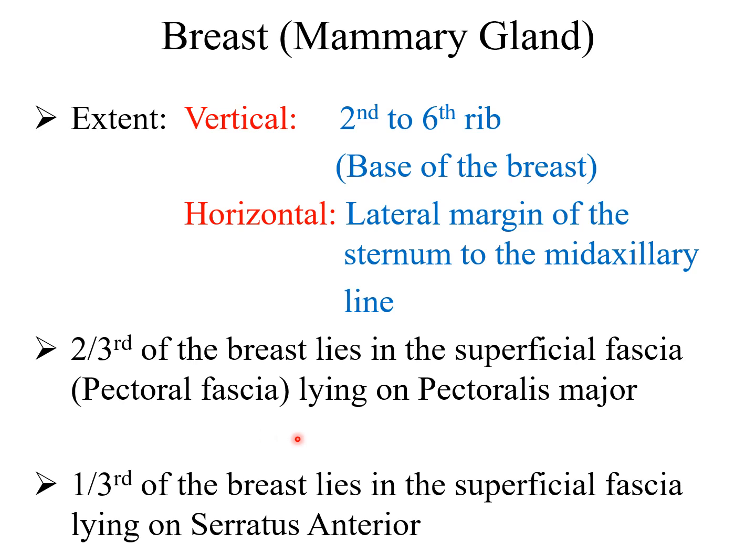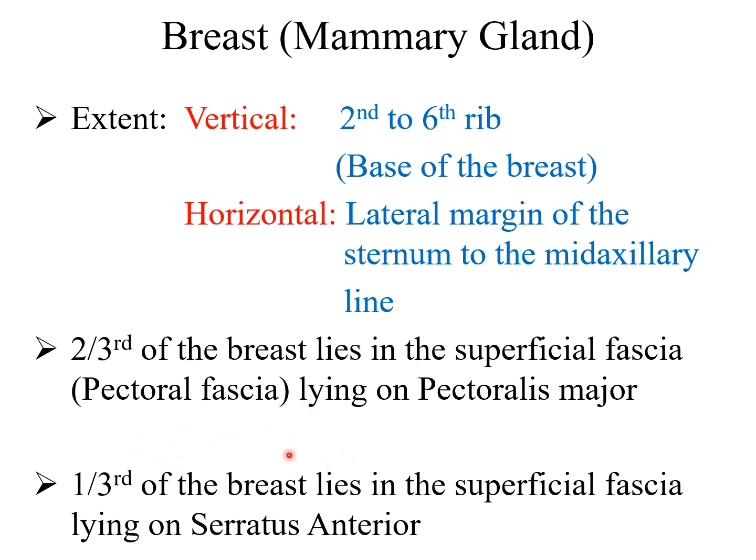Now we have already talked about the pectoral muscles. We have the muscle on the upper part of the chest which is known as pectoralis major, that is covered by a deep fascia known as pectoral fascia. So two-thirds of the breast lies on the pectoral fascia lying over the pectoralis major muscle, which is a connective tissue.